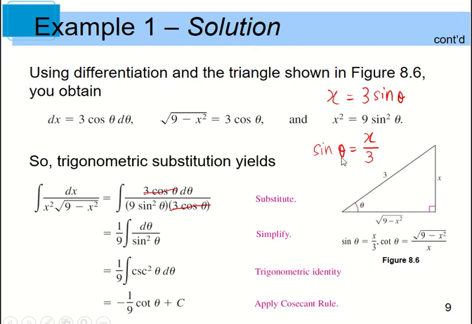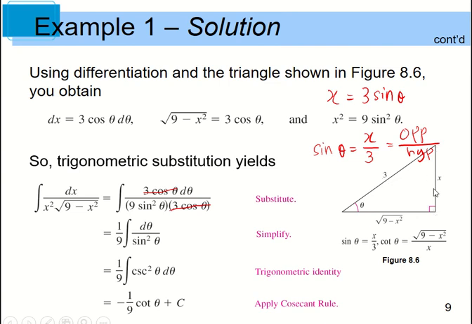Now sine theta is the opposite over hypotenuse. So we can write the opposite as x. The opposite is this one, this is x. And the hypotenuse is this line, which is 3.